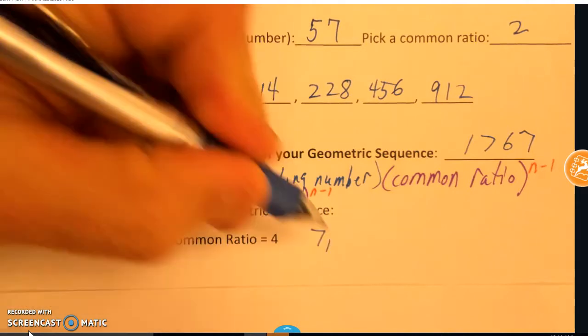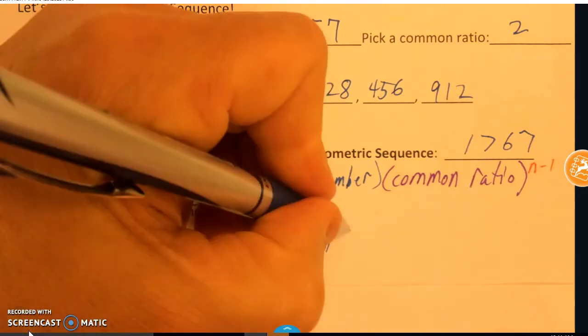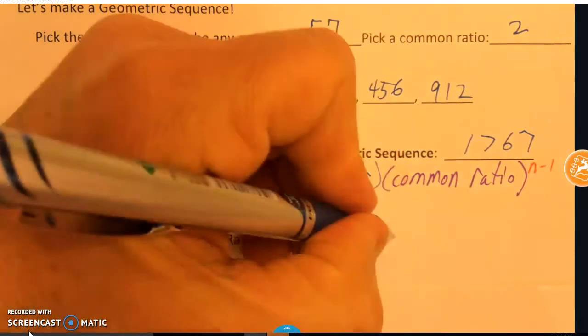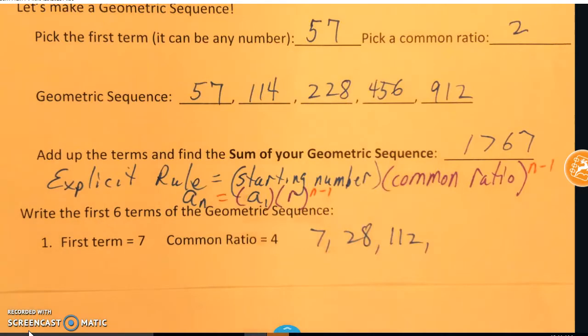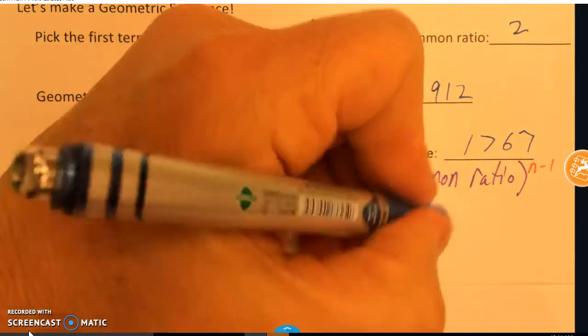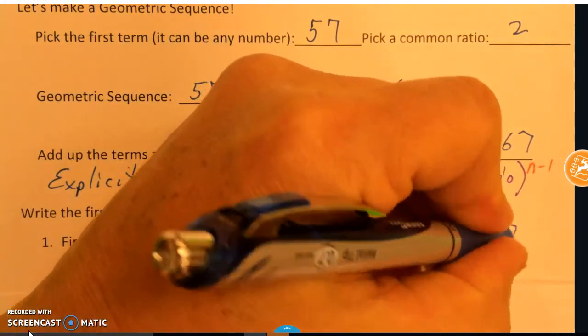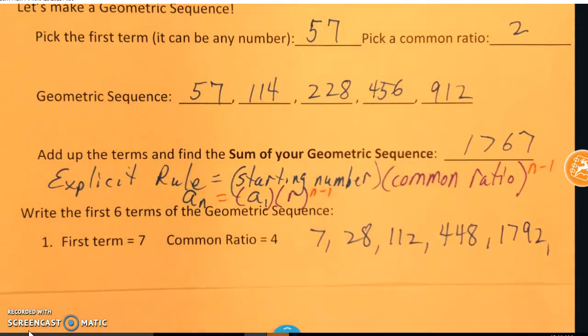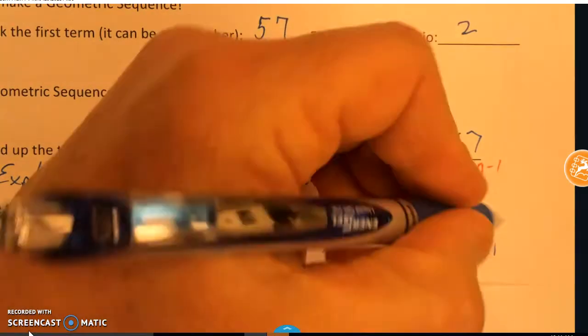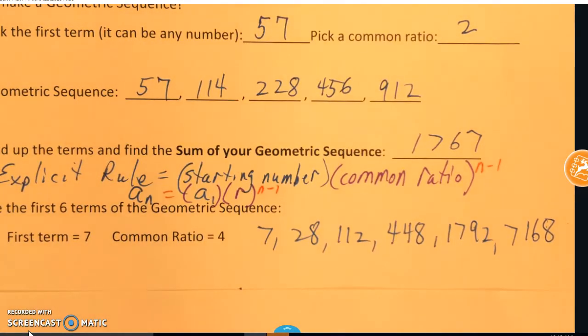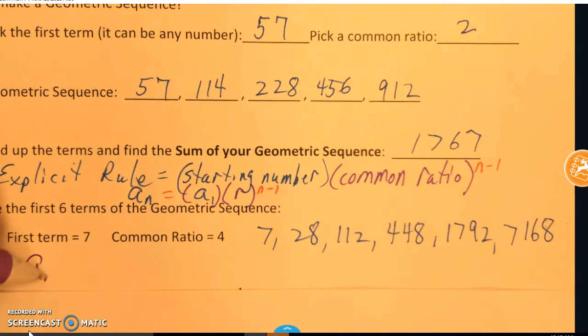So the first term is 7. 7 times 4 is 28. 28 times 4 is 112. 112 times 4 is 448. 448 times 4 is 1792. Times 4 again is 7,168.